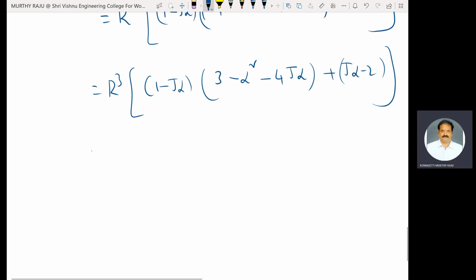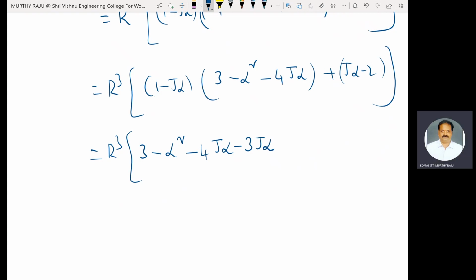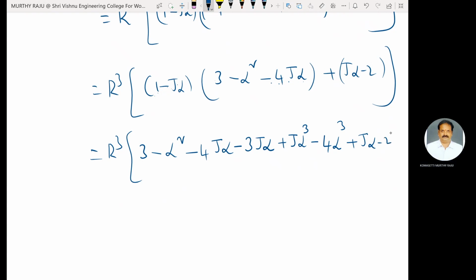Simplify this one: 1 into the entire term 3 minus alpha square minus 4 j alpha, minus j alpha multiplied with all these terms, giving minus 3 j alpha plus j alpha cube, minus 4 alpha square, plus 4 alpha cube, plus j alpha minus 2.